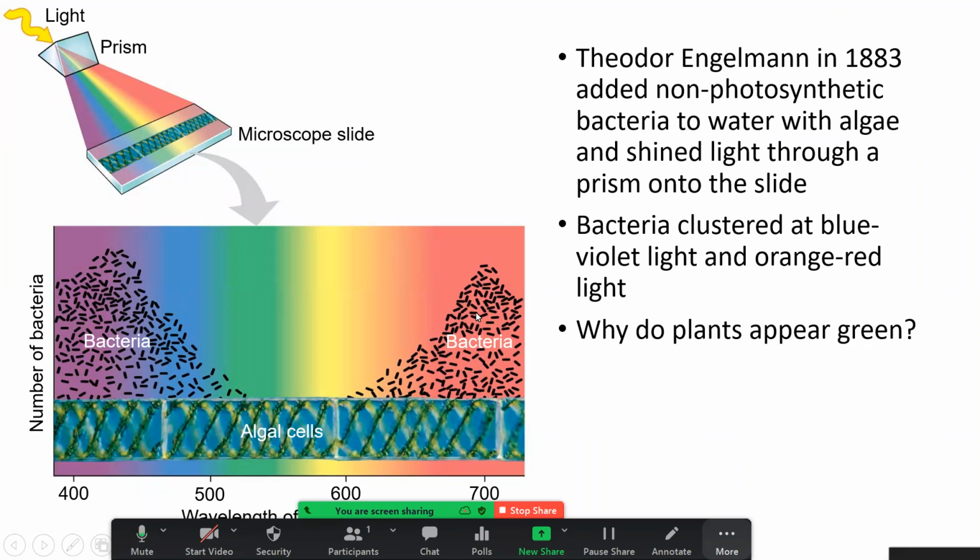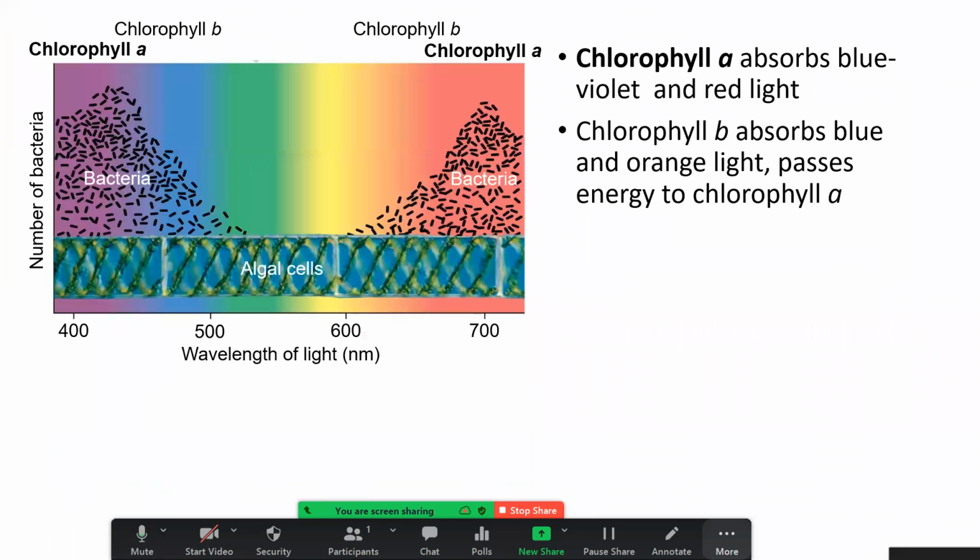So the bacteria were able to survive because they had oxygen. Here in the green and yellow range, there's almost no bacteria because the algae isn't able to do photosynthesis. Ta-da! So that's how that worked.